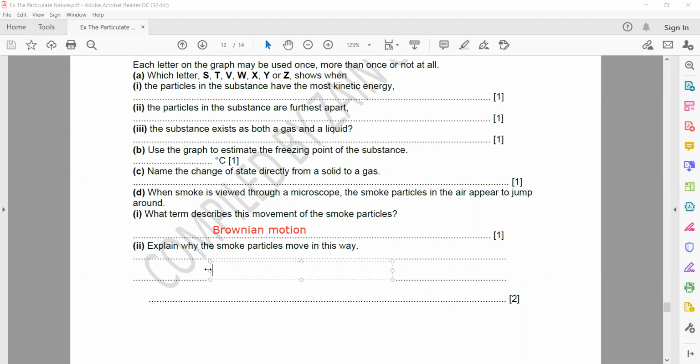That's because it's worth 2 marks. So this is one: they continuously collide, the air molecules are continuously hitting from all directions, and this collision causes a random motion.